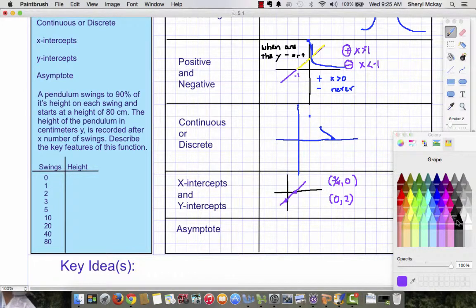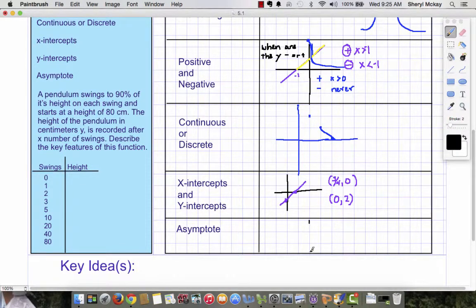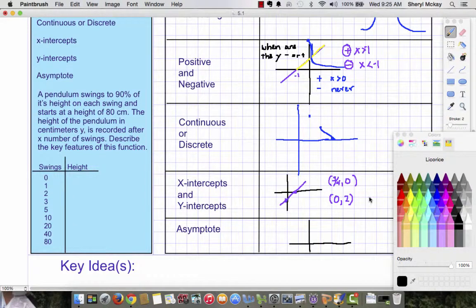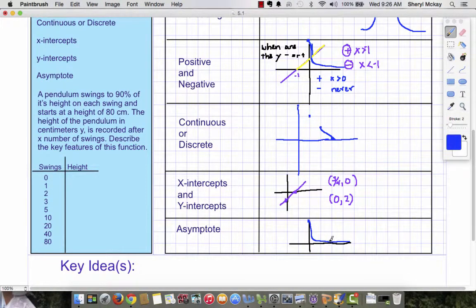But one thing that's interesting about an exponential function is that, and this time I'm going to do a little bit better here, exponential functions have something called an asymptote. Now, if you have an exponential function, let's have it start at 2, and we're going to have it come down and get very, very close to 0, but it's never going to touch 0.